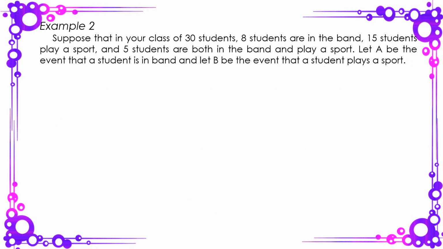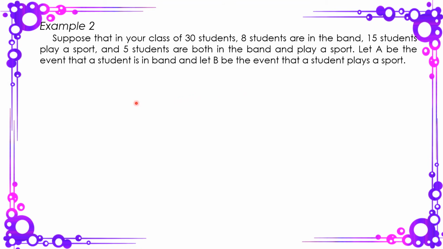Next, problem number 2. Suppose that in your class of 30 students, 8 students are in the band, 15 students play a sport, and 5 students are both in the band and play a sport. Let A be the event that a student is in band, and let B be the event that a student plays a sport.